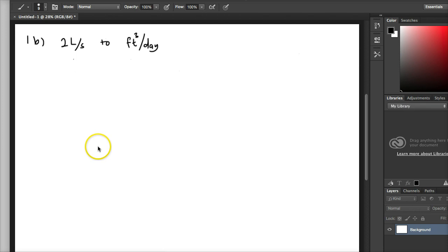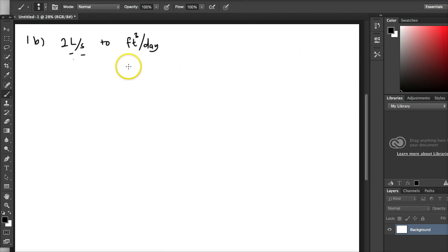For question 1B, the question wants us to convert 2 liters per second to cubic foot per day. So we have volume and time, and the conversion also has volume to time.